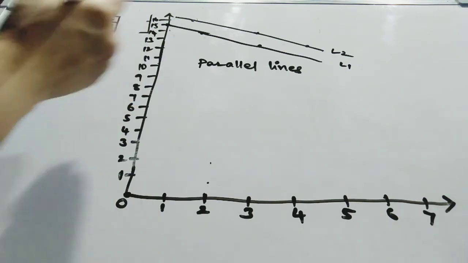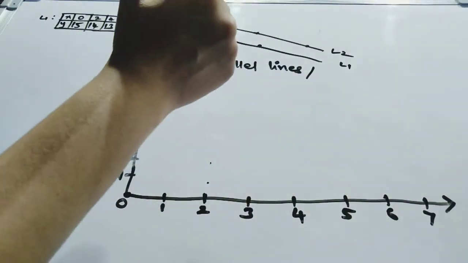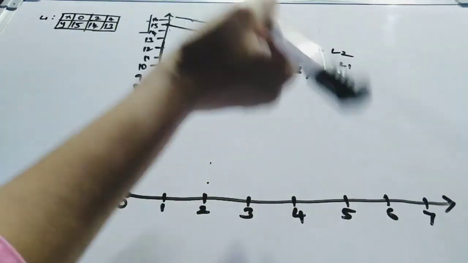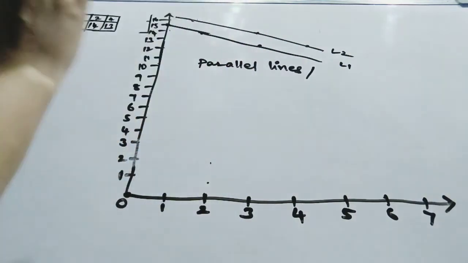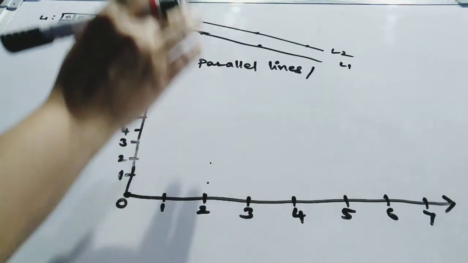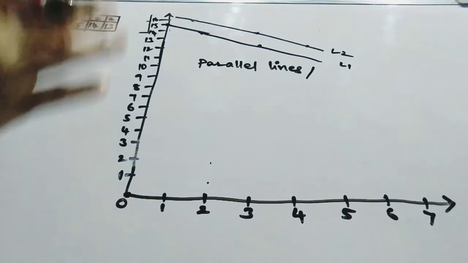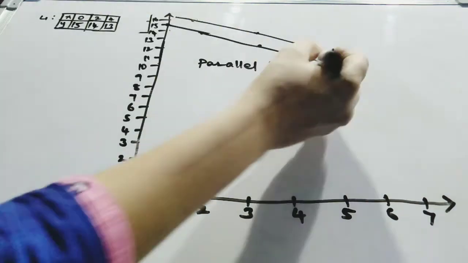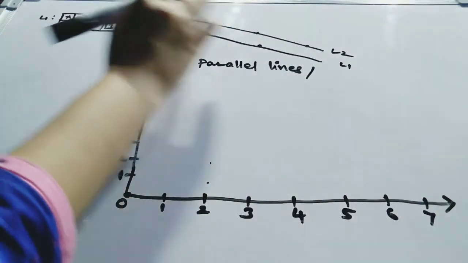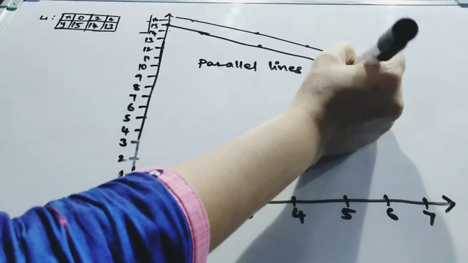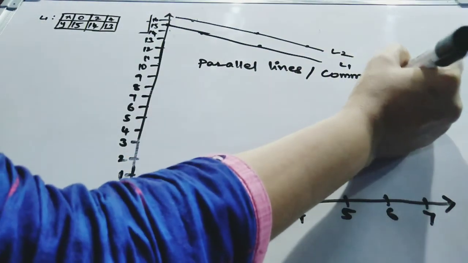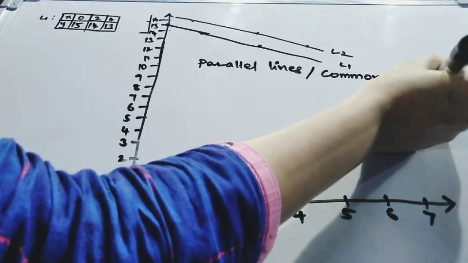Why is it parallel? Because the lines do not intersect. Since the lines don't intersect, the equations have no common solution. When lines intersect, you will get a common solution. Do you see any common solution?